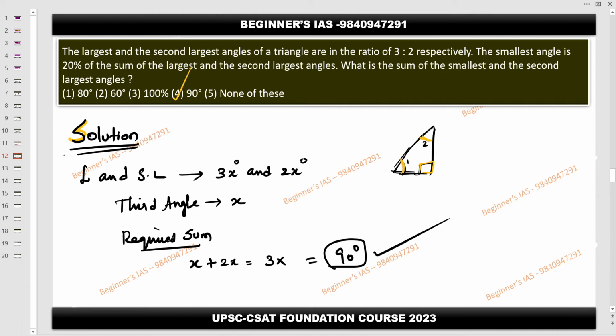Then what would be the sum of the smallest and the second largest angle? Suppose this angle is 90 degree, then whatever be angle 1 and angle 2, if you assume angle 2 as the smallest and angle 1 as the second largest, then the sum is obviously going to be 90 degree.